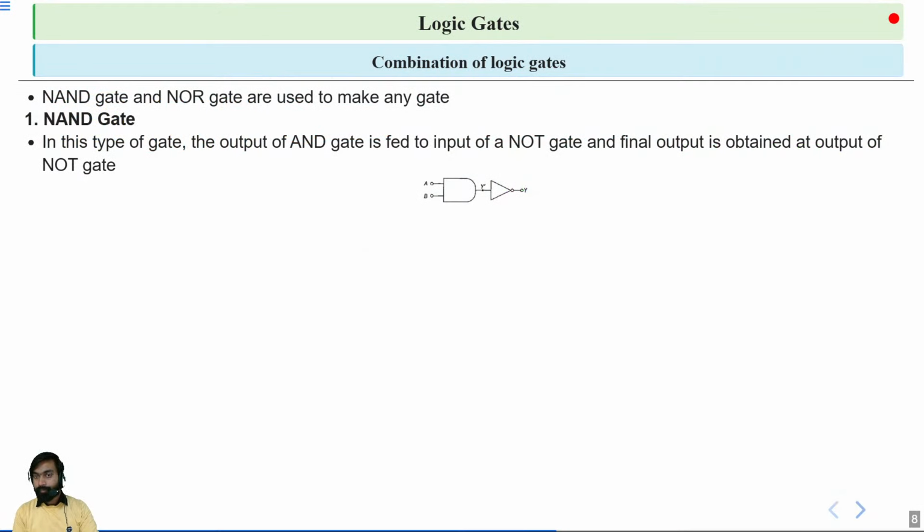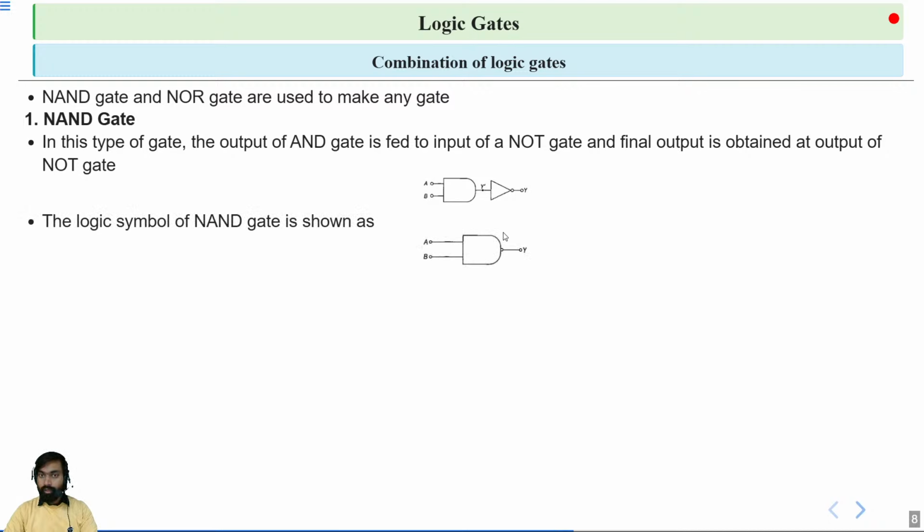So if both inputs are 1, the AND gate outputs 1, but the NAND gate outputs 0. This is the AND gate, and this is the NOT gate. When we combine both, you get the NAND gate. For all other input combinations, the NAND gate outputs 1.